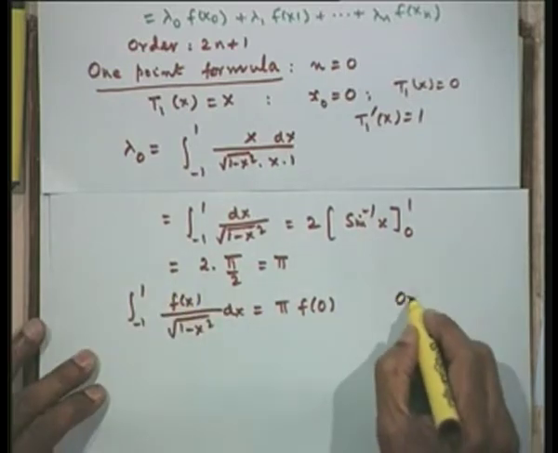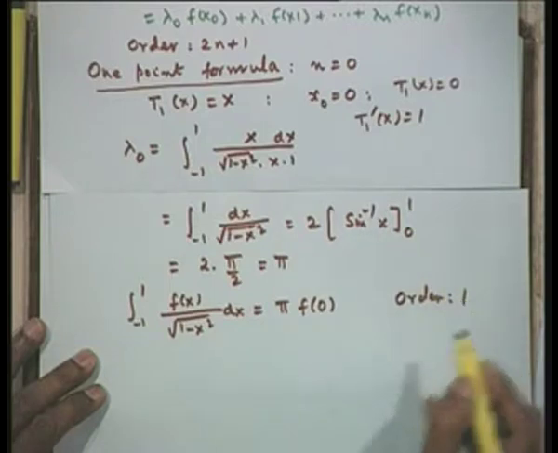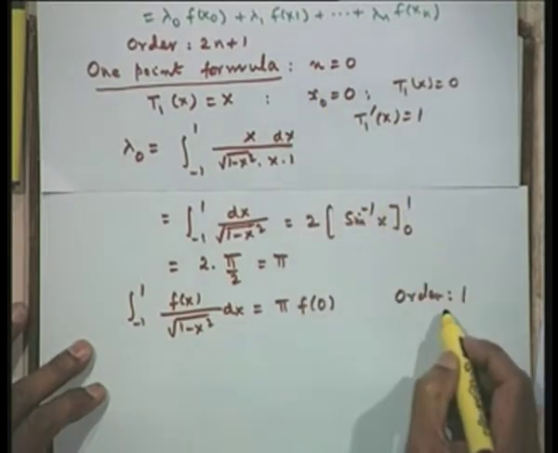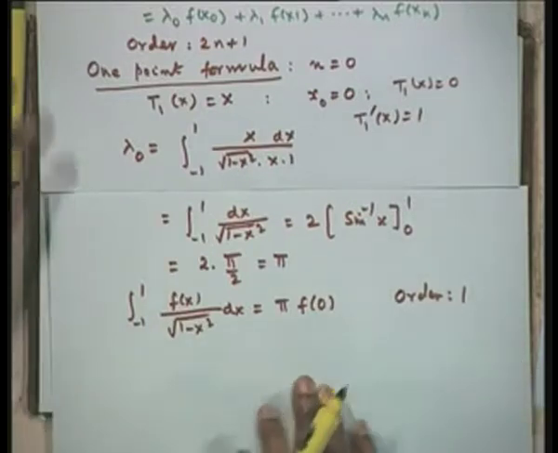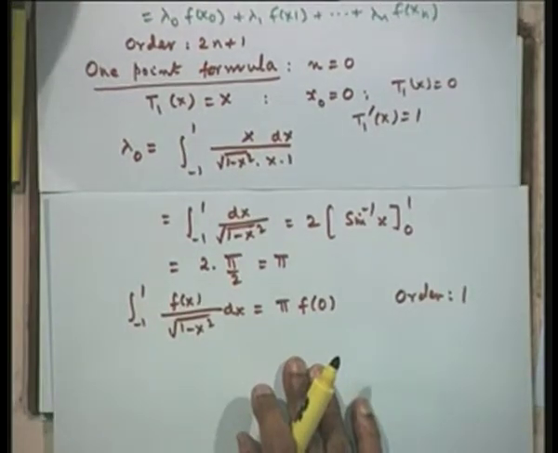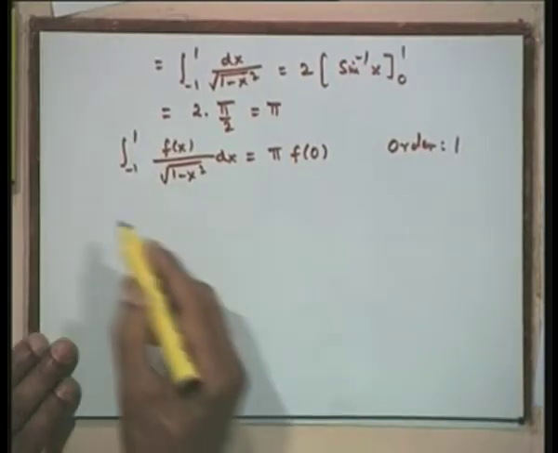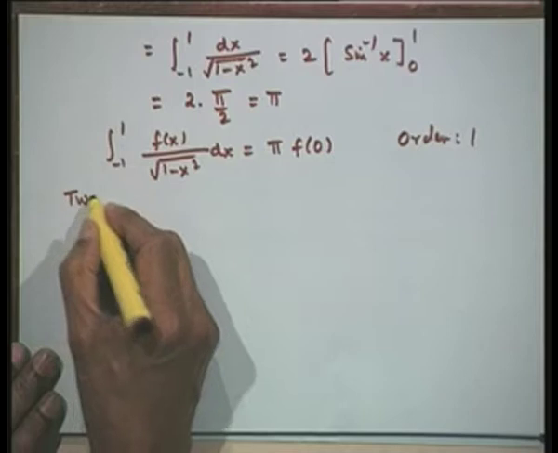The order of this formula is 2n plus 1, therefore, n is 0, so we will have the order of the formula as 1. Therefore, this will integrate polynomials of degree less than or equal to 1 exactly. So, let us derive a 2-point formula.